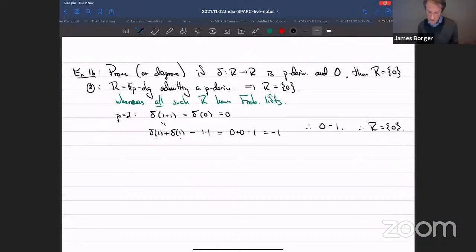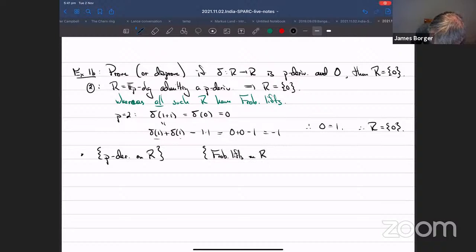Okay, so here's some important examples, which are kind of obvious. If you look at the set of p derivations on R, and we alternatively look at the set of Frobenius lifts on R, there's a map between them: to any p derivation delta you associate the endomorphism phi defined in the obvious way, where phi of x equals x to the p plus p delta of x.